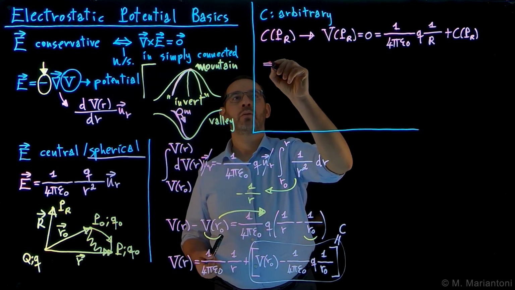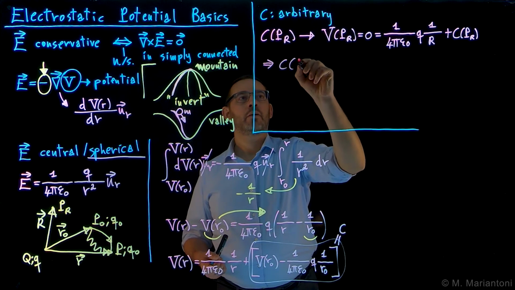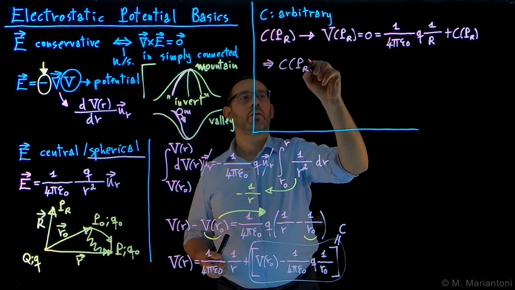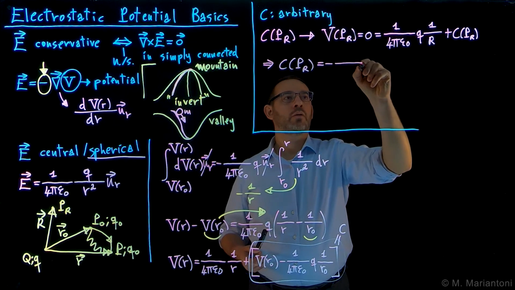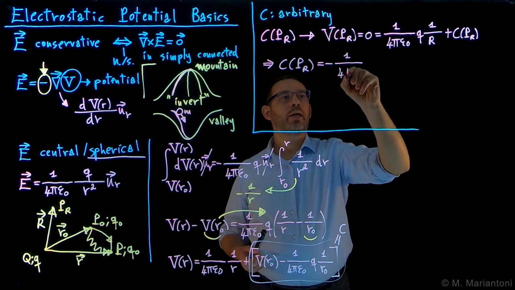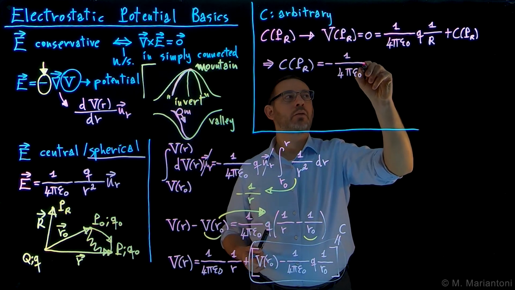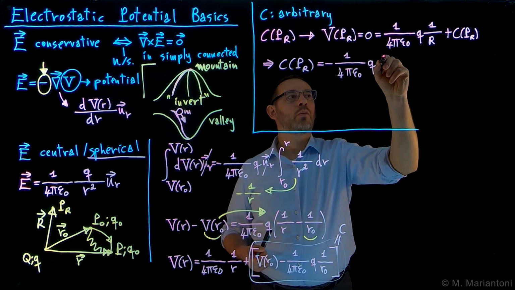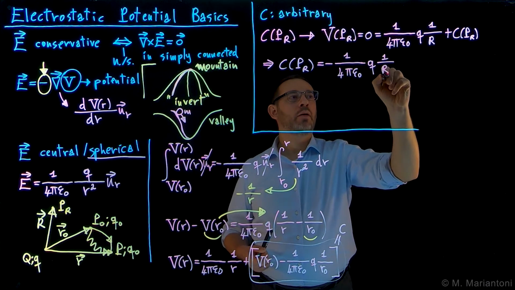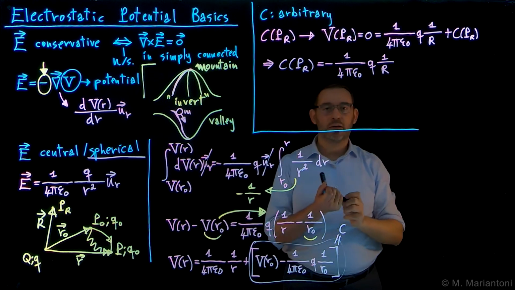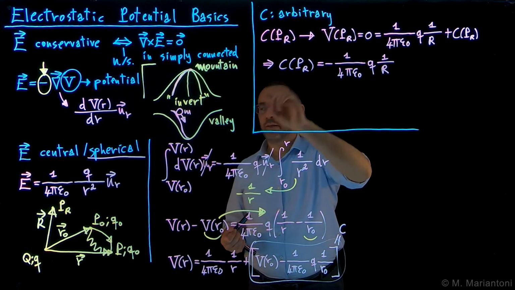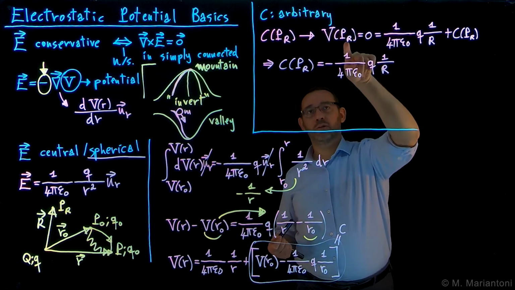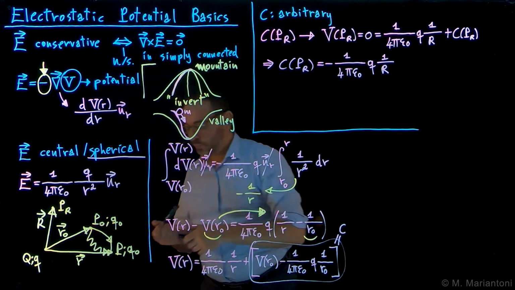This implies that C at point capital PR has to be equal to minus 1 over 4 pi epsilon naught Q 1 over capital R. So if we choose this particular value of the constant C at that point, it happens that the electrostatic potential is 0, right there.